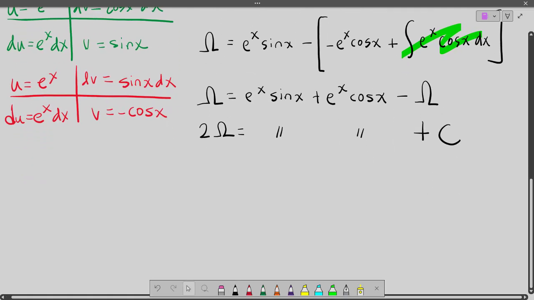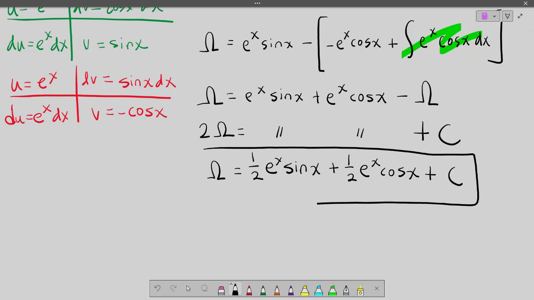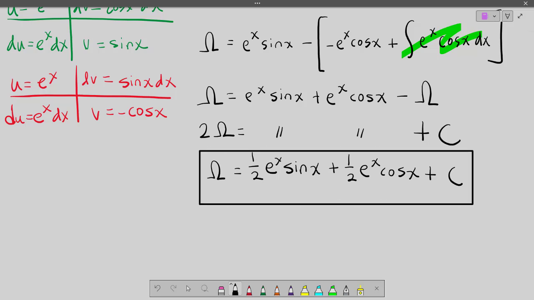So I'm going to put that plus c as soon as I move the omega over. Last step, divide by 2, and we have found the family of antiderivatives that we have been looking for. And when you divide that constant by 2, we just rewrite it as a general C.